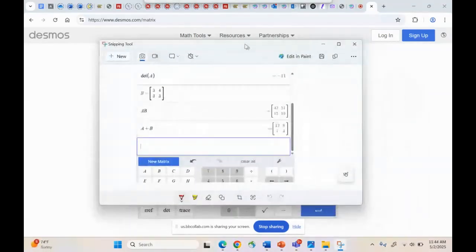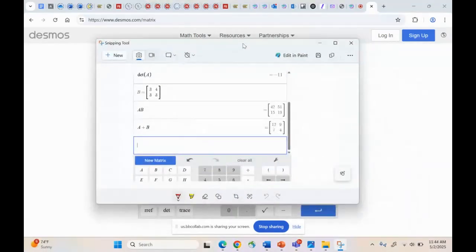Can you guys see my snippet? Okay, awesome. Let's say you had 3x minus 2y equals 8, and x plus 3y equals 7, and you want to solve the system.